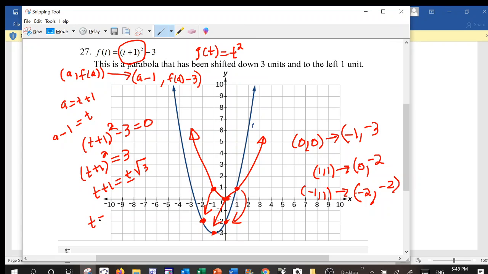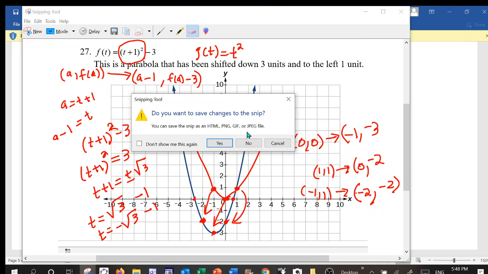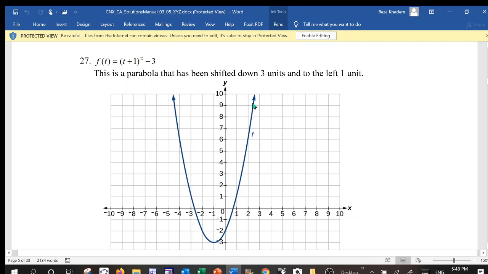So t is either square root of 3 minus 1, or t is negative square root of 3 minus 1. Square root of 3 is about 1.7 minus 1 is 0.7, which is that point right there. And negative square root of 3 is negative 1.7 minus 1 is negative 2.7, which is right there. Okay, so you see that transformations are helping here a lot to graph these.